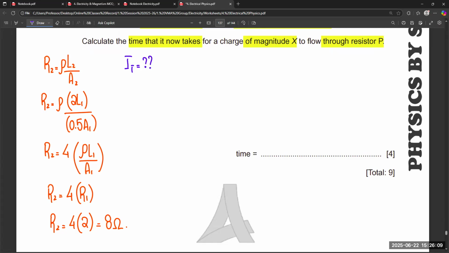And to find out the new value of electric current, we use the same formula of resistance, R is equals to V upon I. So total resistance, total voltage, total current.